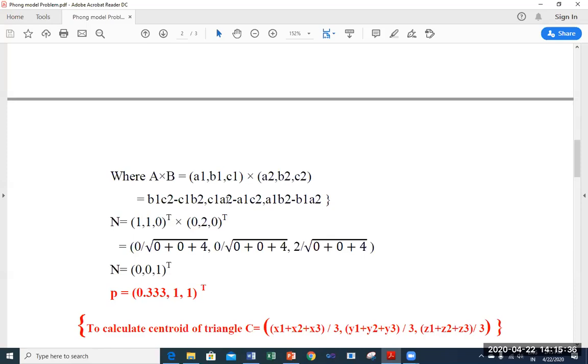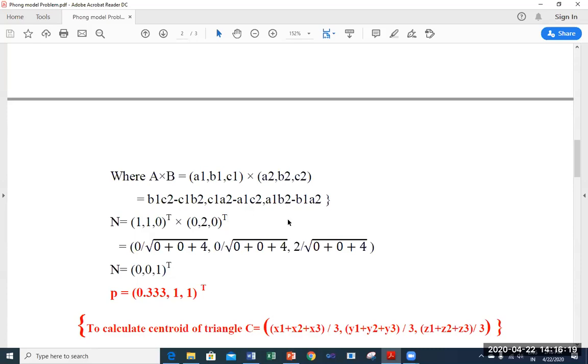Similarly C1 A2, C1 value is 0 and A2 value is 2, so 0 minus A1 C2, A1 value is 1 and C2 value is 0, again 0. Then third, A1 B2 minus B1 A2, where A1 value is 1 and B2 value is 2, so you get 2 minus B1 A2, B1 value is 1 and A2 value is 0, so 2 minus 0.